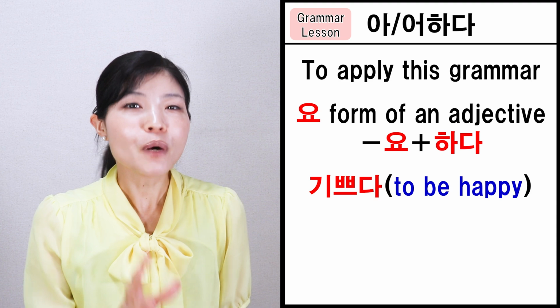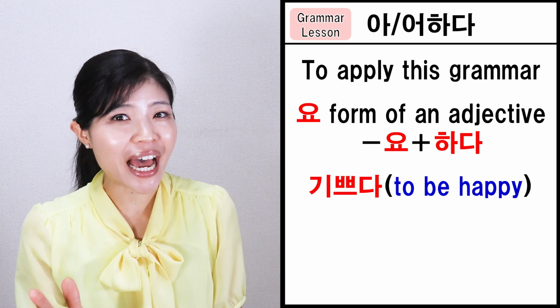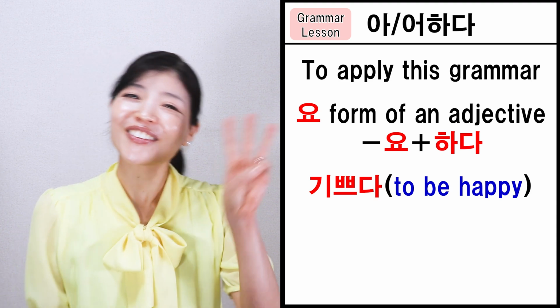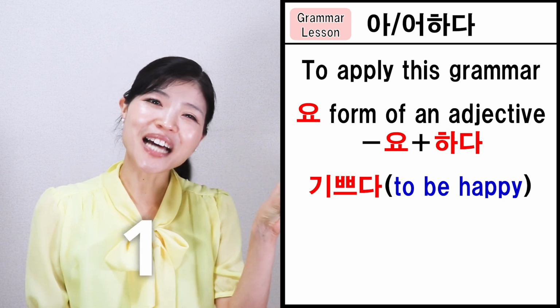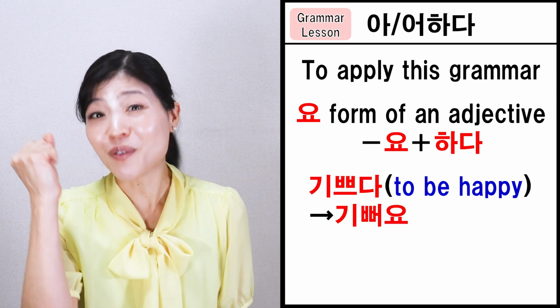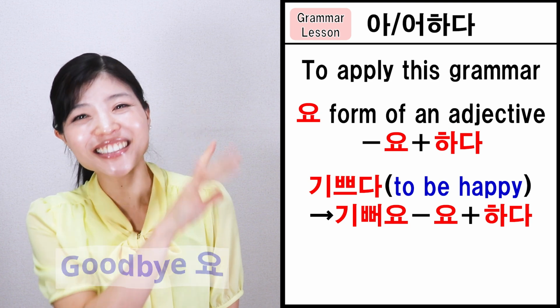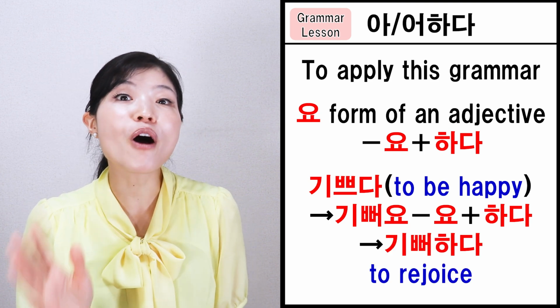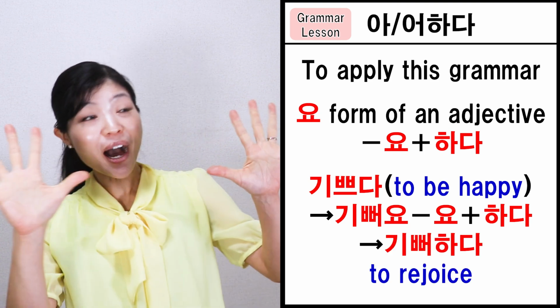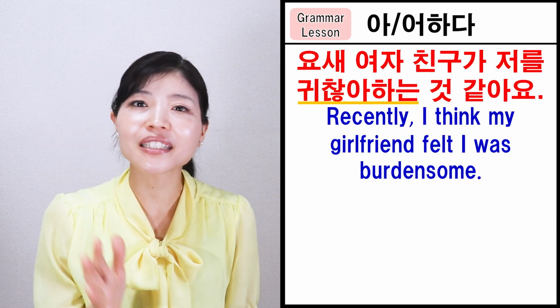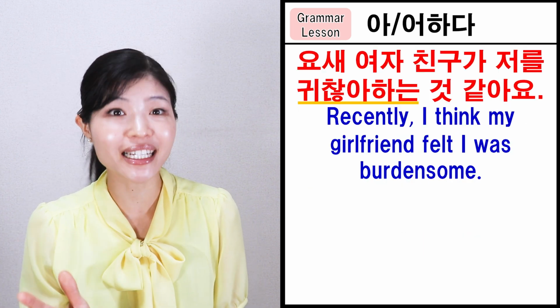For example, what is the yo form of 기쁘다, to be happy? 3, 2, 1. It's 기뻐요, right? You omit yo from it and add 하다 to make 기뻐하다, to rejoice. Wow, perfect! Then let's read a sample sentence using -아/어하다.